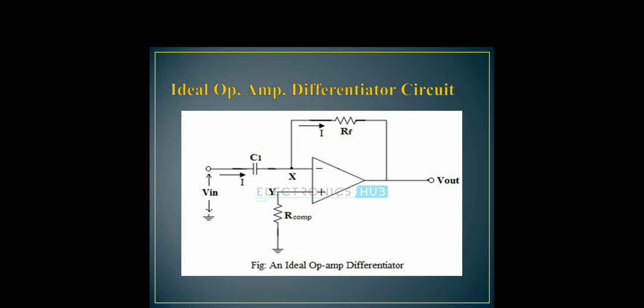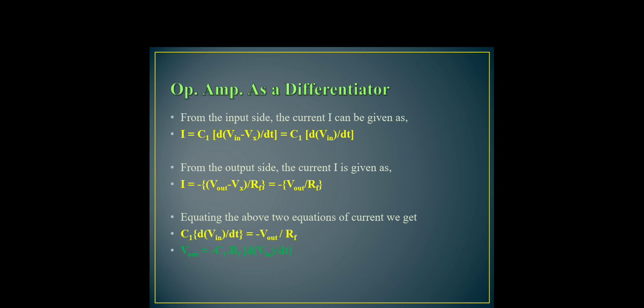Observe the input side in this diagram where Vin, C1 and Vx points are there. Then the current I can be given as I = C1 d(Vin − Vx)/dt. As Vx is equal to 0, this equation becomes I = C1 dVin/dt.